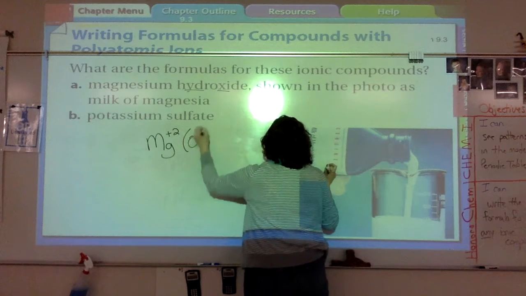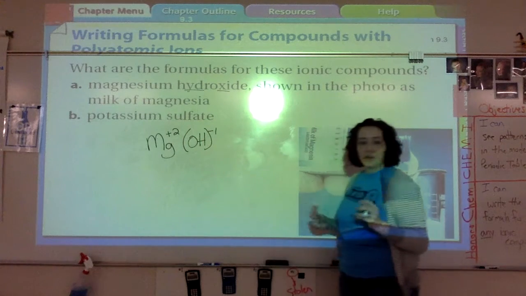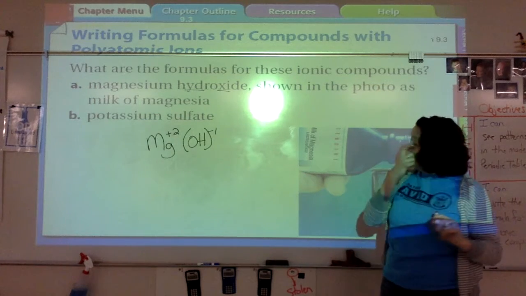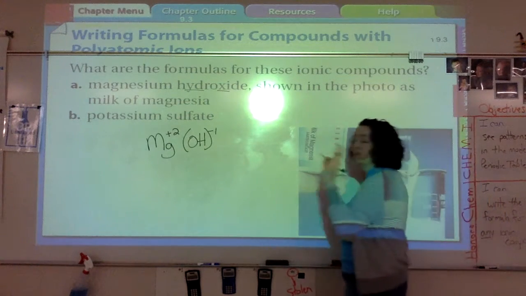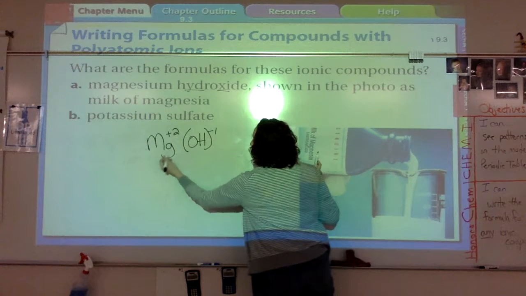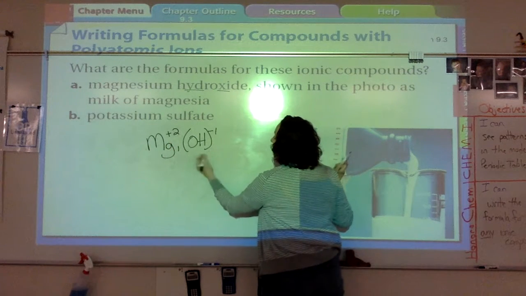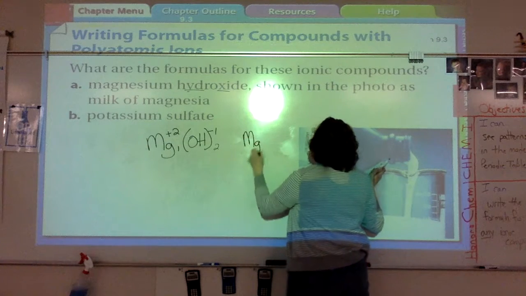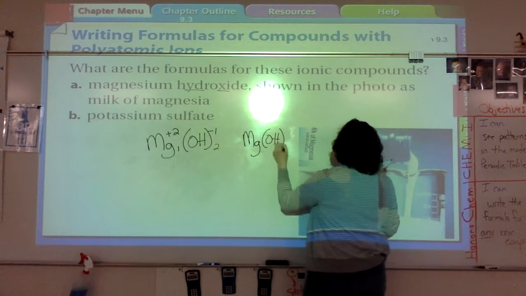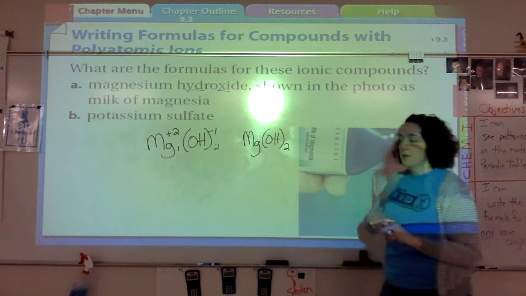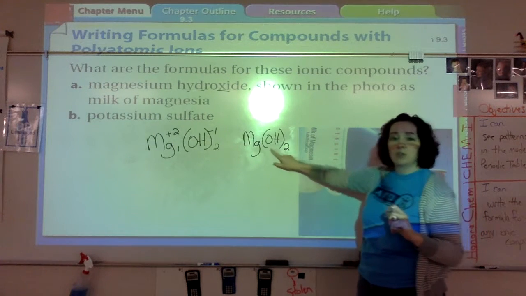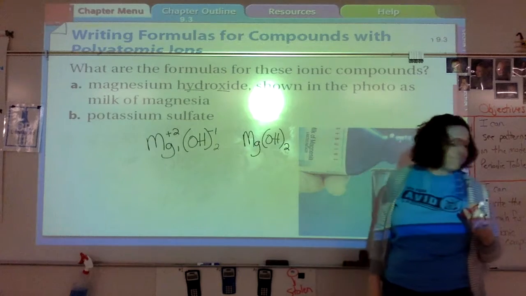Hydroxide is a -1. OH goes in parentheses with the -1 on the outside. Least common multiple of 2 and 1 is 2. So for magnesium, 2 times 1. Hydroxide, 1 times 2. You rewrite the formula. You must have parentheses, because this 2 goes to the O and the H.